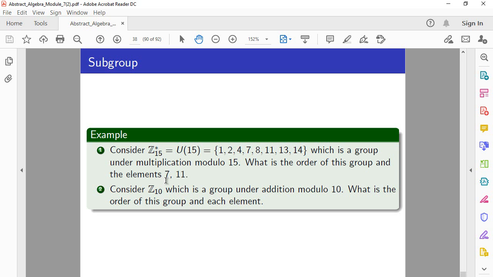And 91 modulo 15 is 1. So we see that if you calculate powers of 7, 7 to the 1, 7 to the 2, 7 to the 3, and 7 to the power 4 is the first positive power of 7 that gives you 1. So the order of 7 would be 4.